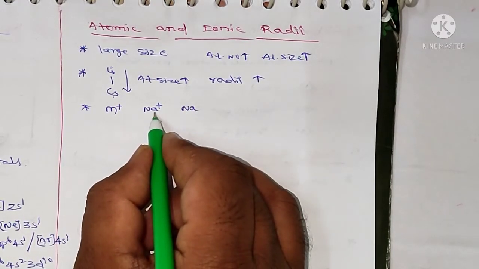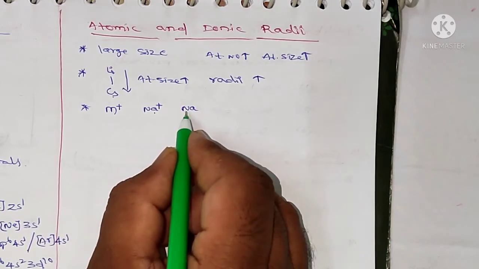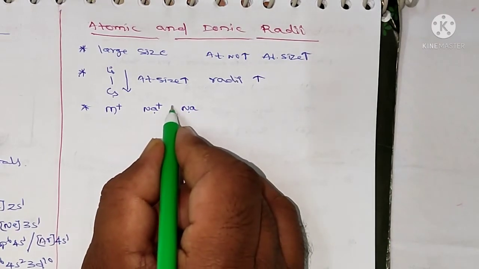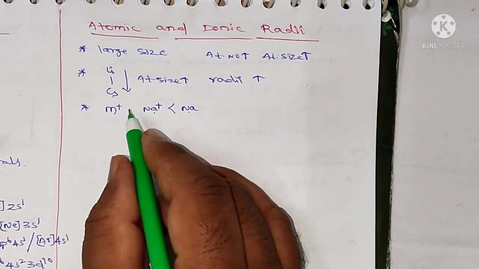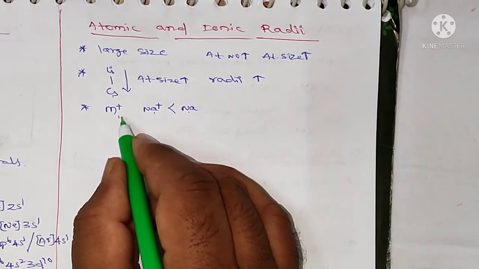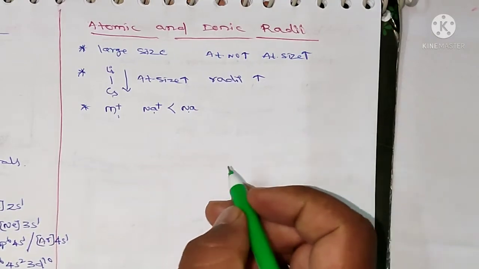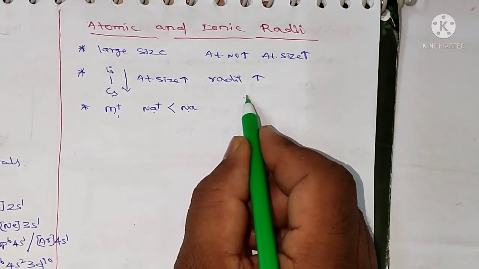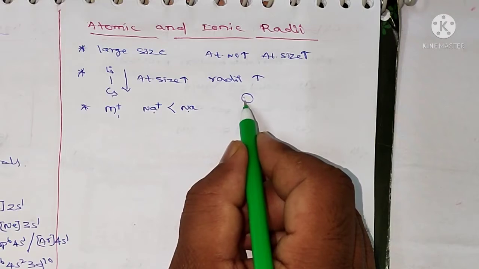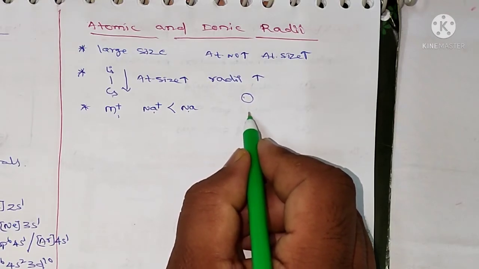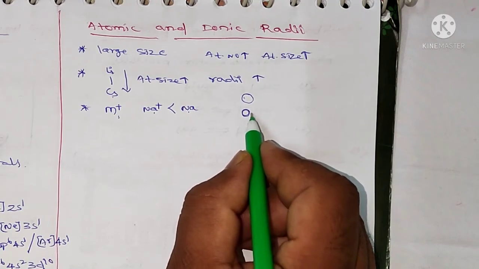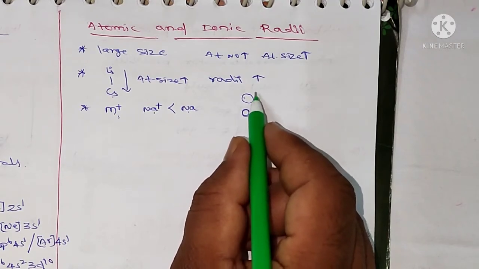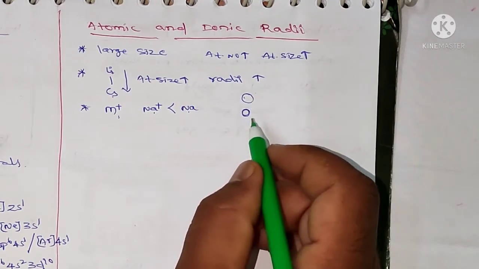So the Na plus size is smaller than Na. Here is the sodium size like this, and the sodium plus size will be like this.